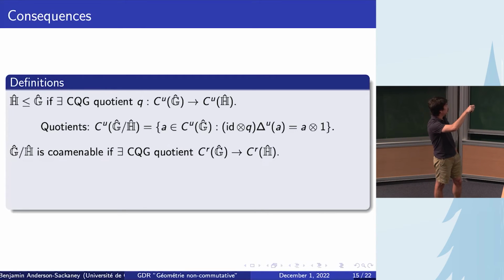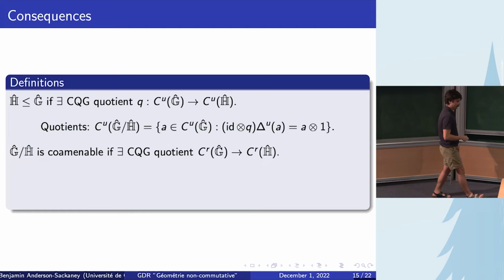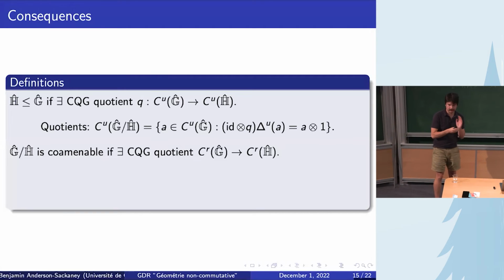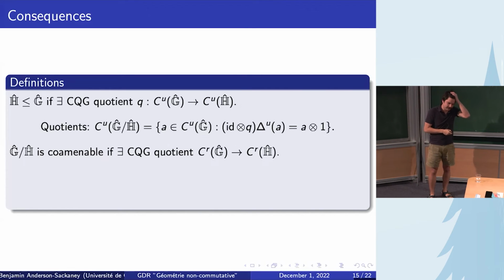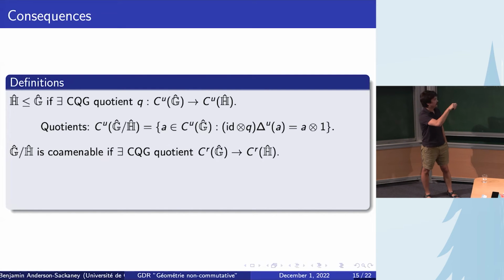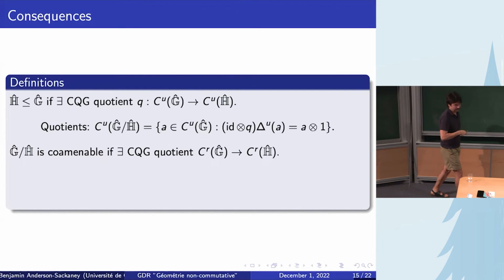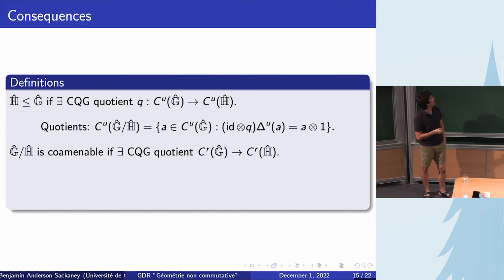By this I mean that it's a surjective star homomorphism that respects the coproducts naturally. And with that, we can define a quotient. We define the quotient of G hat by H hat to be all the fixed points of this map. This is sort of a quantum analog of the algebra of things that are constant on cosets of H hat, if you will.